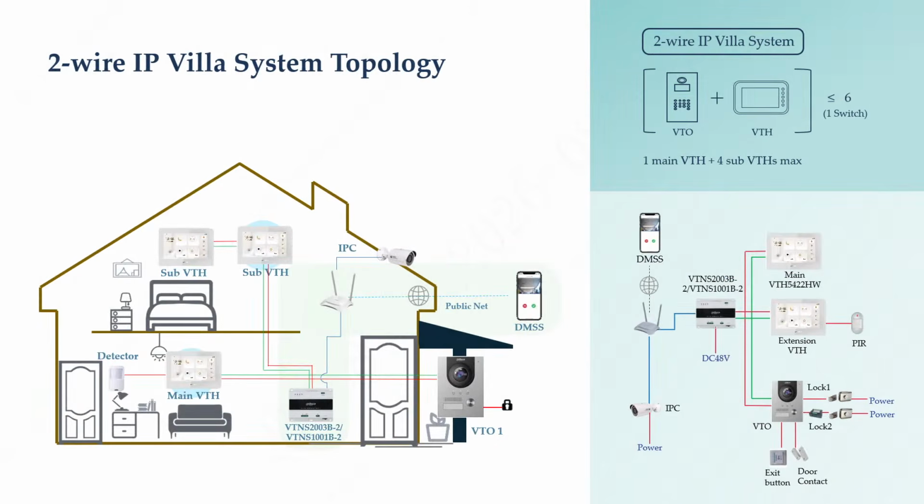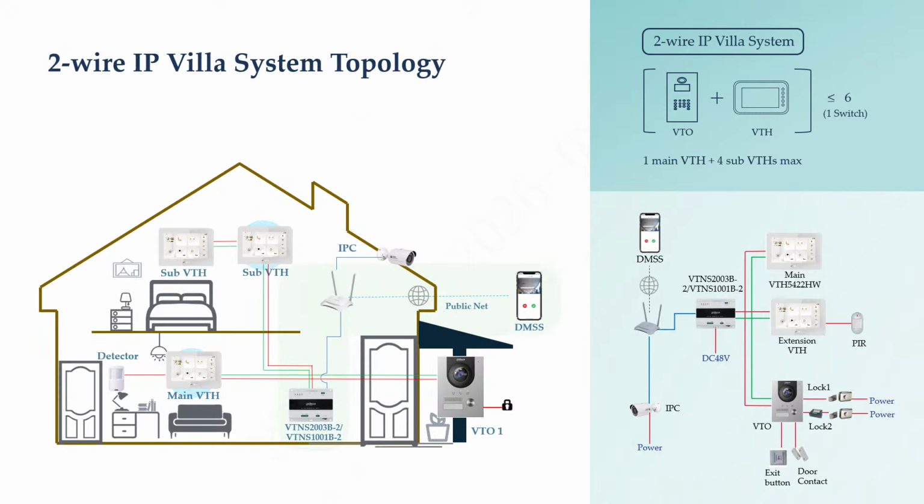Okay. Of course, if we have a two-wire IP solution in the apartment solution, we also have it in the villa scene. So let's say the technology is the same. Devices have a slight difference since this VTO has only one calling direction button, and we also have a villa optimized solution, which is called VTNS1001B-2.